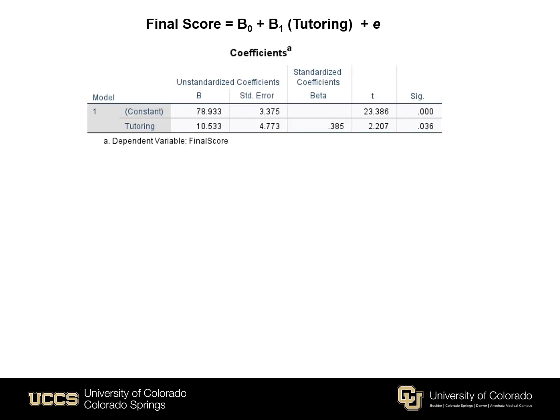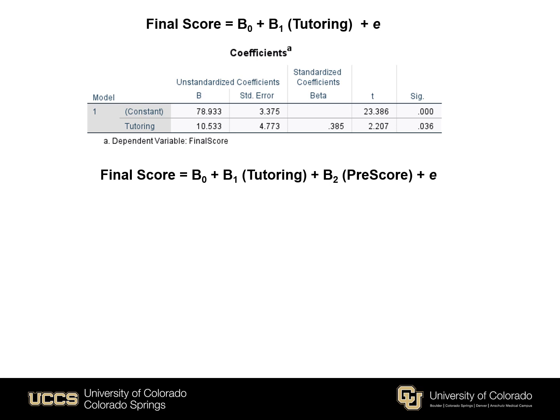So I'd like to do now some direct comparisons between our model that regressed final score on tutoring and the larger model that regressed final score on both tutoring and pre-score. So there was our initial simple model, and recall these were our results from that simple model.